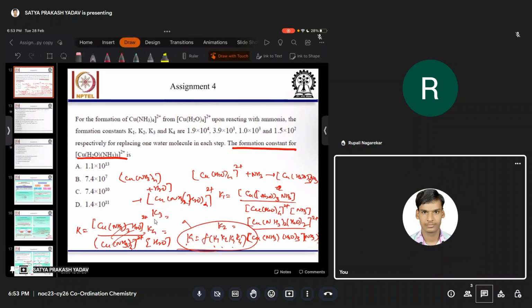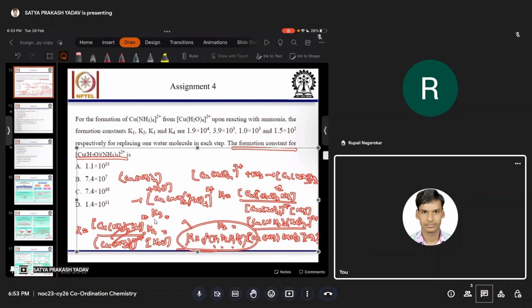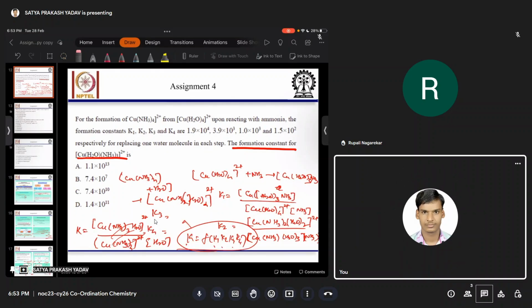I am not able to, I can insert one new slide.